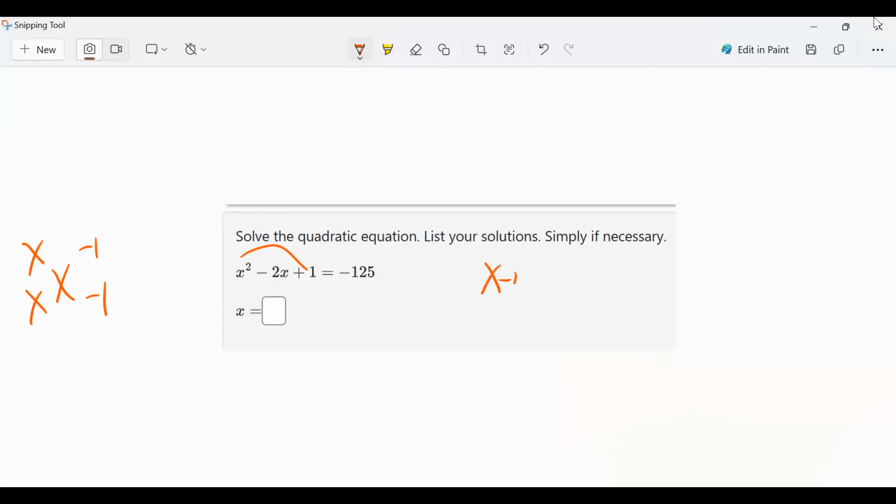So it's x minus 1 squared equal to minus 125. Is that even possible? A number squared is never going to be negative, right? In this case, no solution.